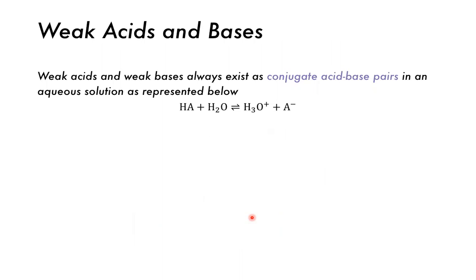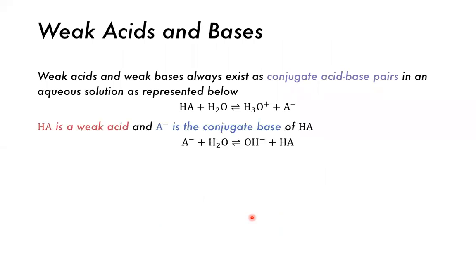And so for a weak acid and a weak base, we have this idea that it doesn't go to complete dissociation. So HA is a weak acid and A minus is the conjugate base of HA. That means that A minus will react with water to form OH minus hydroxide ions plus HA molecules again.